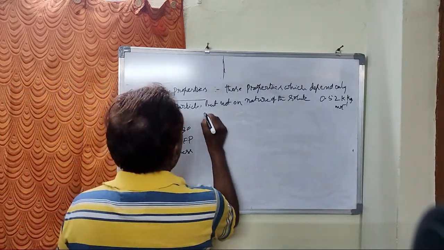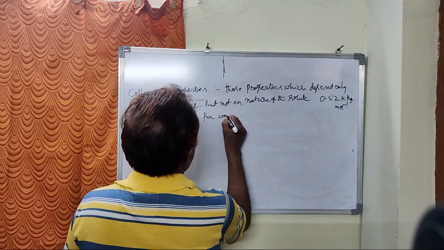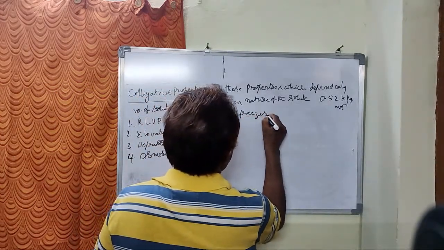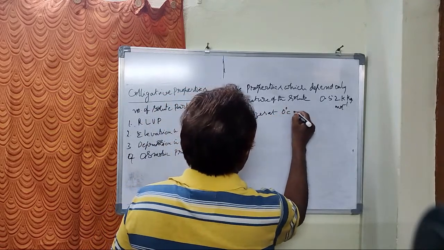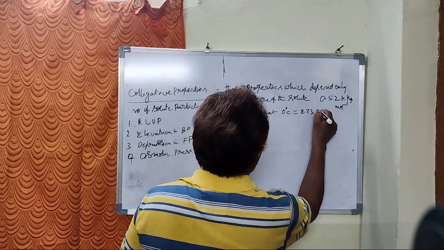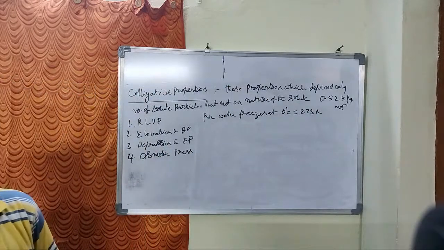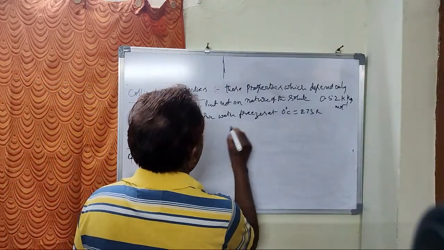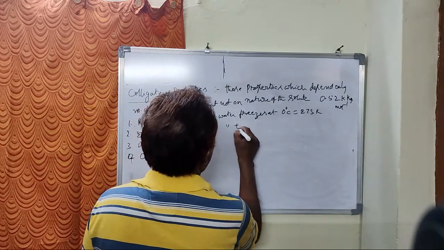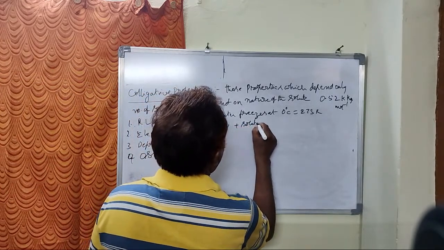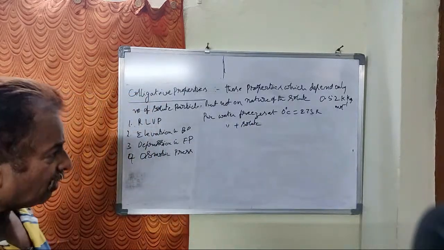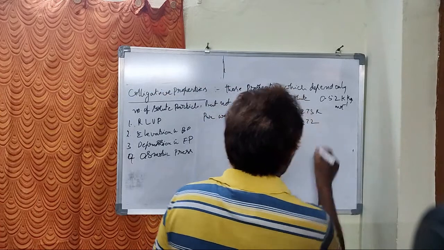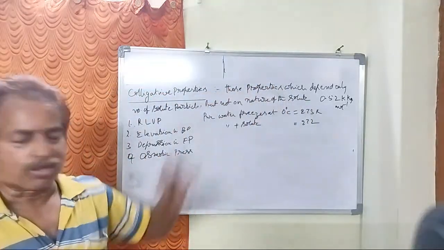See, pure water freezes at 0 degrees centigrade or 273 Kelvin. If pure water is mixed with a solute, then what happens? The melting point of the solution becomes 272, that is less than 273.